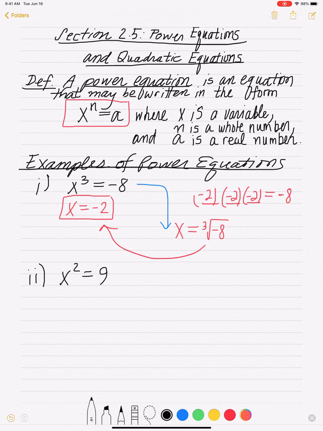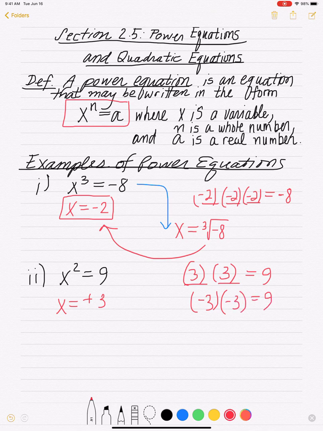So two numbers you multiply together to get positive 9. You could do 3 times 3. So positive 3 is an answer. But also I could square negative 3, negative 3 times negative 3, to get 9. So plus or minus 3 are your solutions. You actually have two solutions.